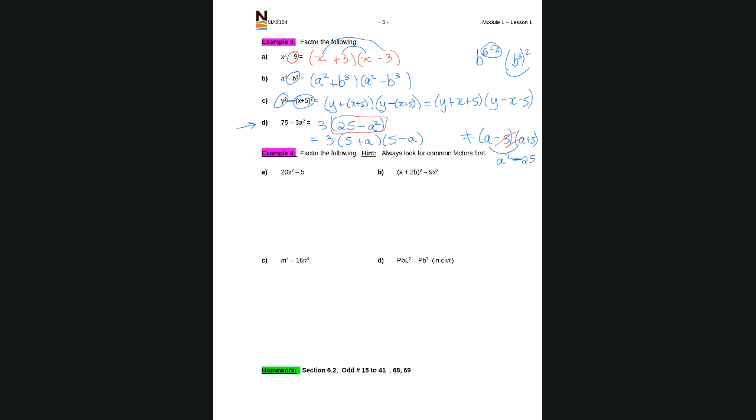For number 4a, we have a common factor of 5. And then a difference of squares. For b, the bracket is squared. So pretend this bracket is like the letter x or y.